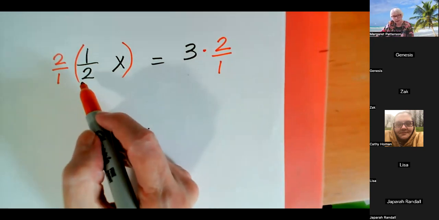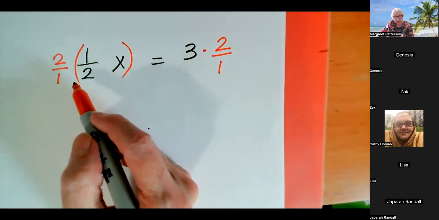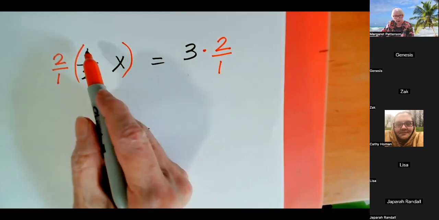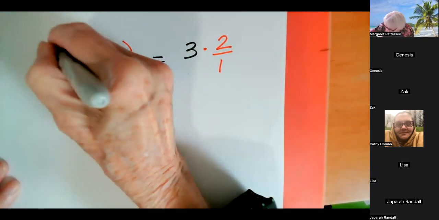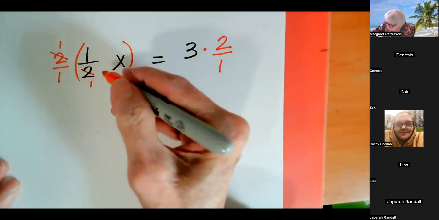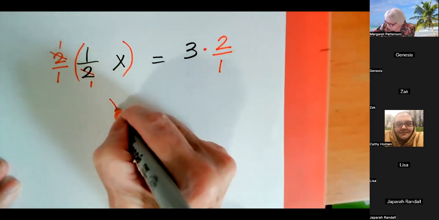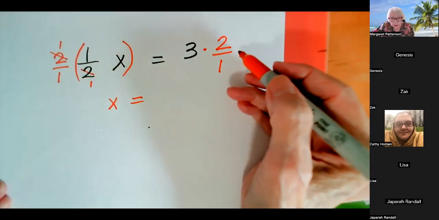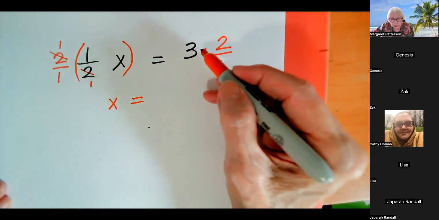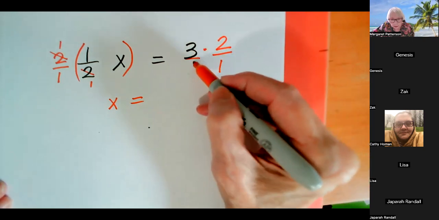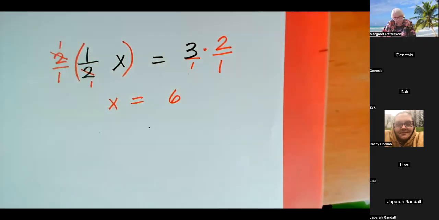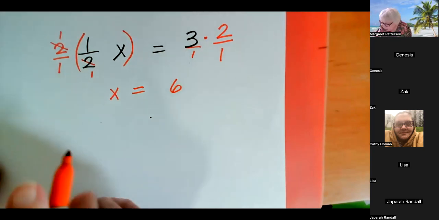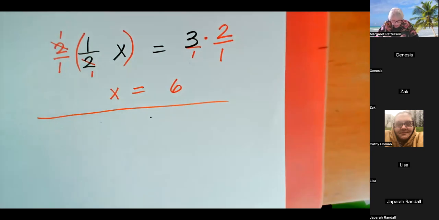I want you to see that that accomplishes it without making a mess out of this problem. 1/2 times 2/1, the 2's would cancel, and you'd be left with 1x, which is x. And over here, I have 3 times 2/1. That's really 6. So when a fraction was involved in this, I think that made our lives simpler.